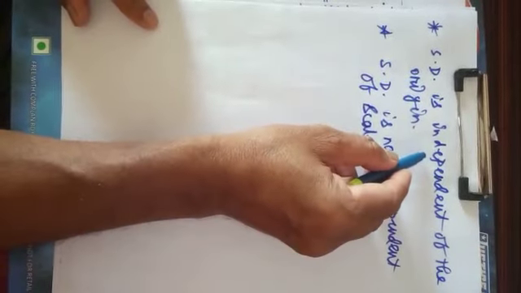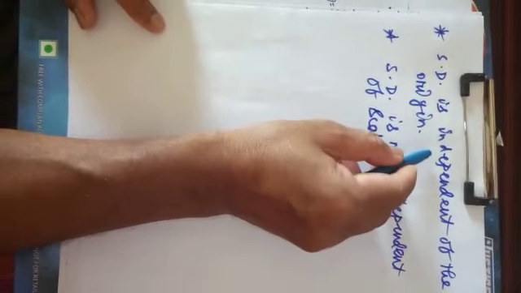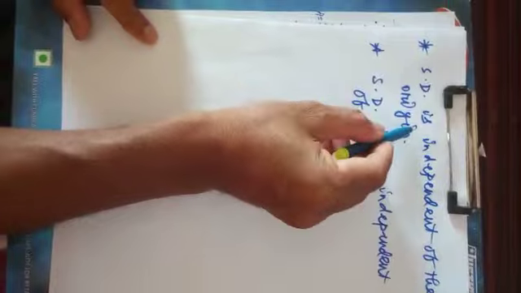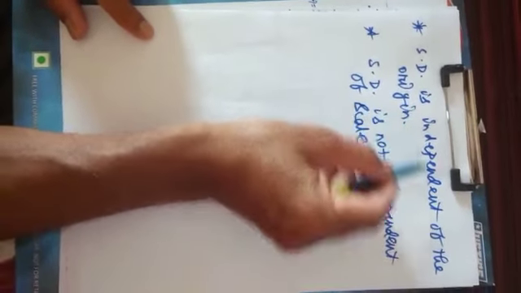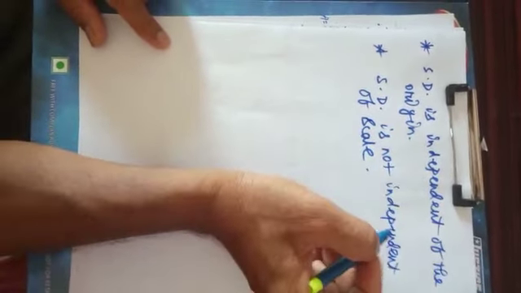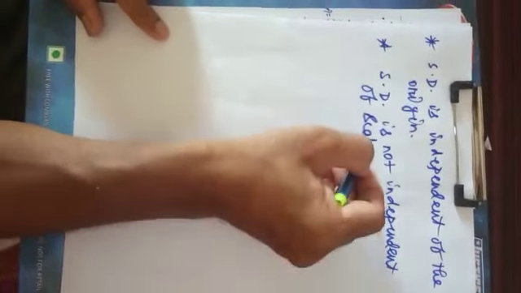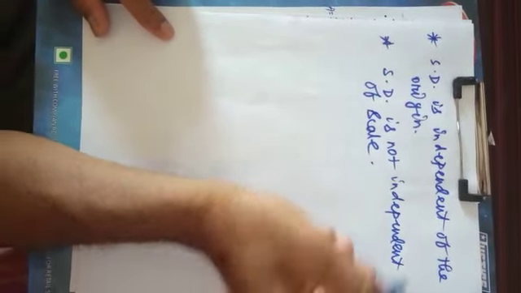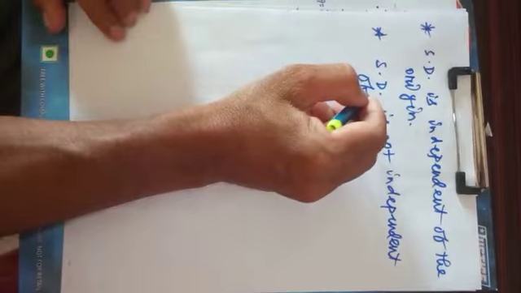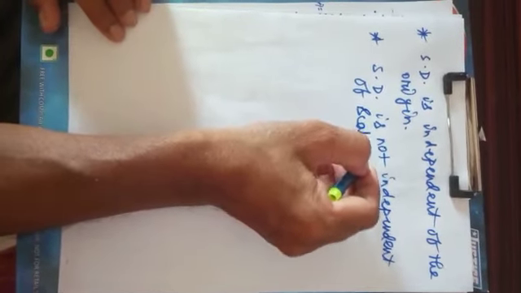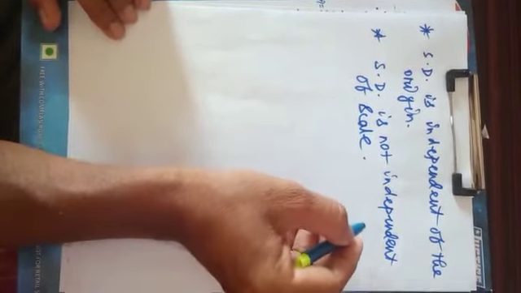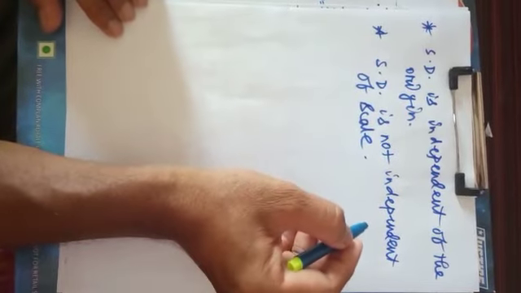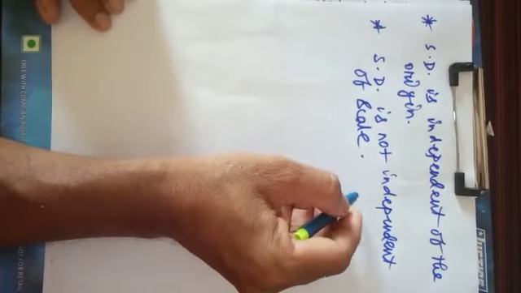But if a constant is added or subtracted, we don't find it in the formula, because the origin is changed, so it is independent of the origin. As standard deviation is not independent of scale, that's why we account for it. And remember, standard deviation is always calculated from the mean, because the sum of the squares of deviations of items taken from the mean is the minimum.